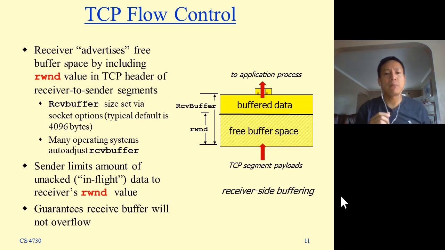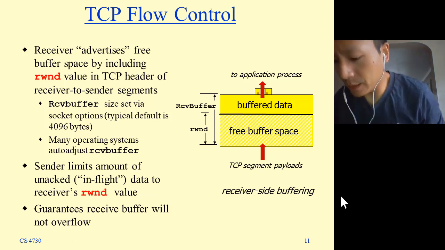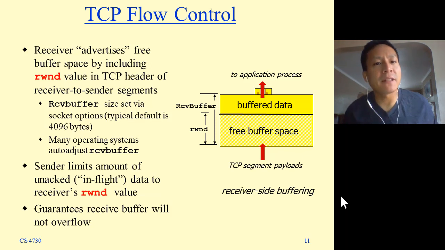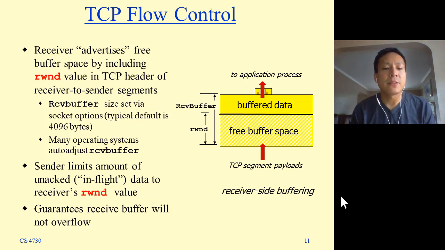arrangement between the sender and the receiver. Okay, so a lot of times, the receiver, for example, has to advertise its available space in its buffer to allow the sender to send this amount, so that it's basically telling the sender, do not overwhelm me.